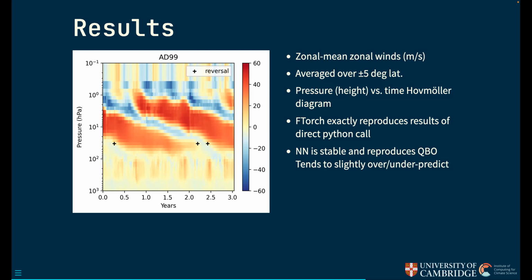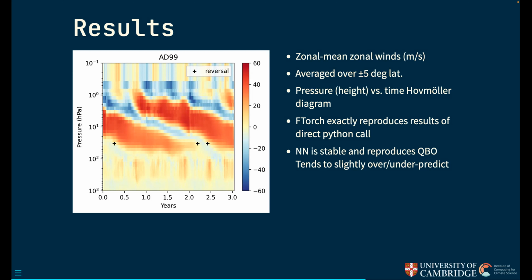This is a reversal in winds, the transition between the red and the blue that occurs within the stratosphere, around this level in the atmosphere. It happens on a semi-regular, roughly 28-month cycle, as the winds reverse from blowing eastwards to westwards.